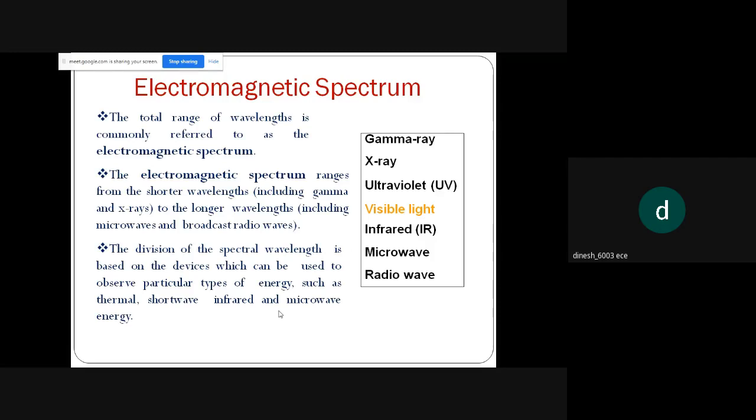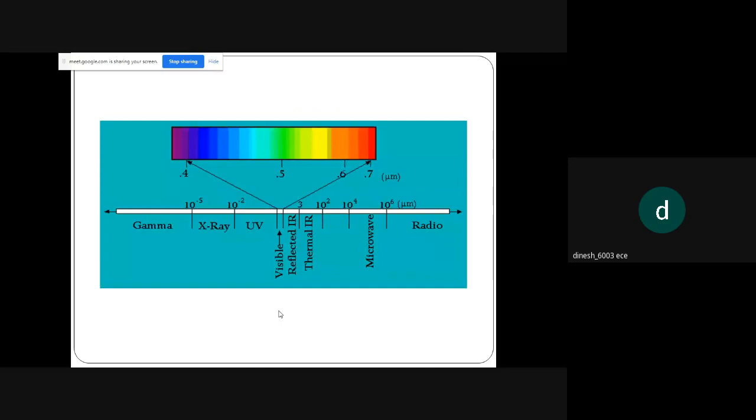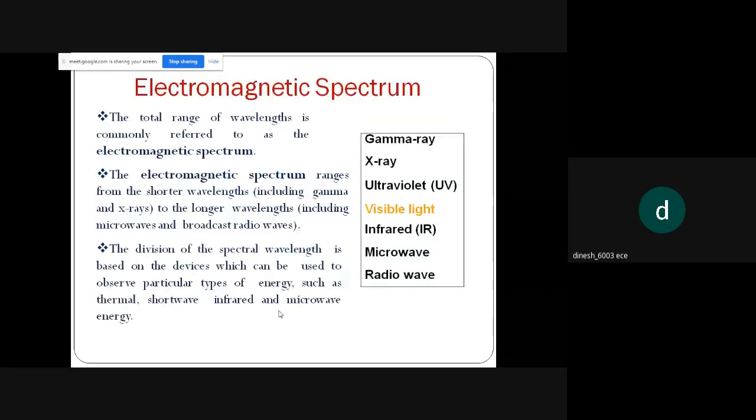The different regions and corresponding wavelengths in the case of the electromagnetic spectrum are illustrated in the diagram which I'll show you here. The total range of wavelengths of gamma ray, X-ray, ultraviolet ray, visible region, infrared, microwave, and radio wave is commonly referred to as the electromagnetic spectrum.